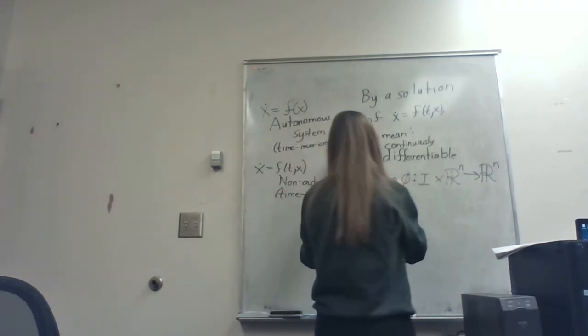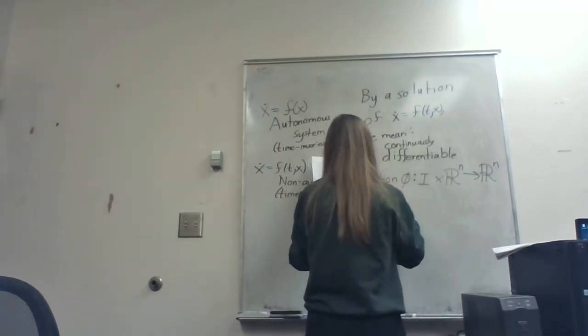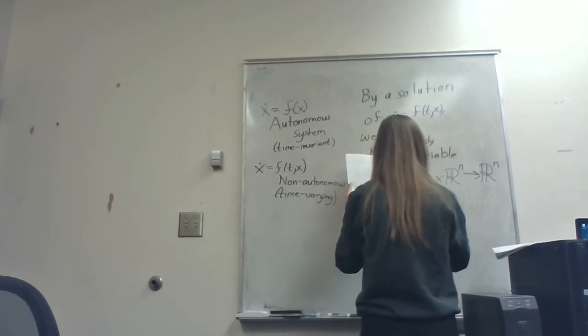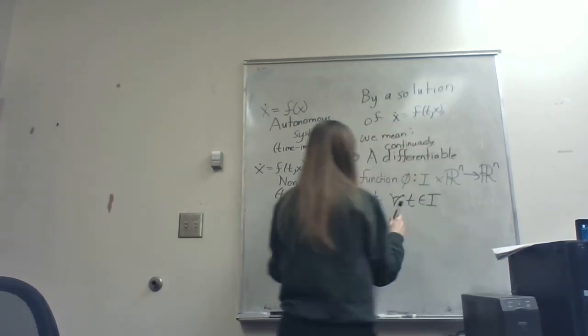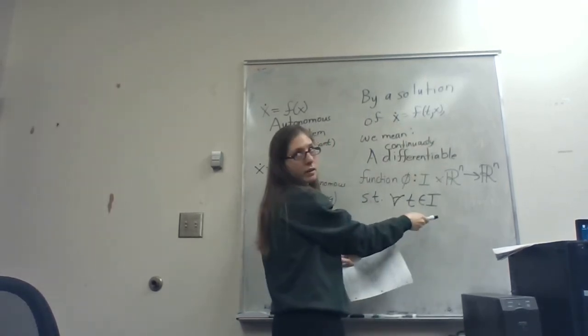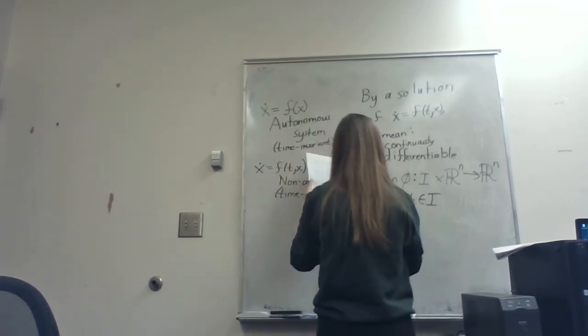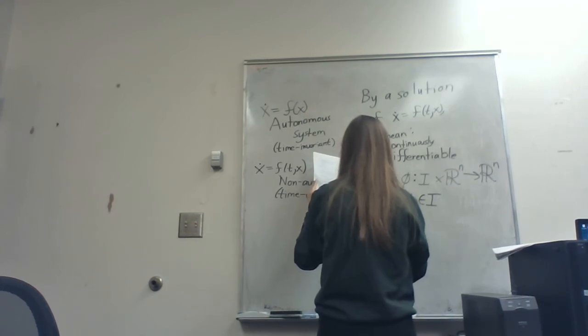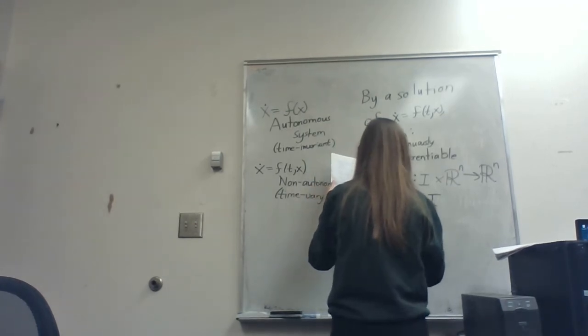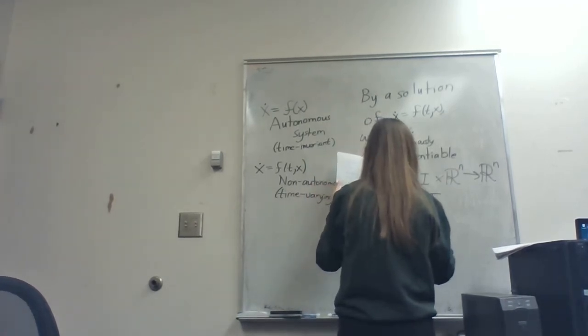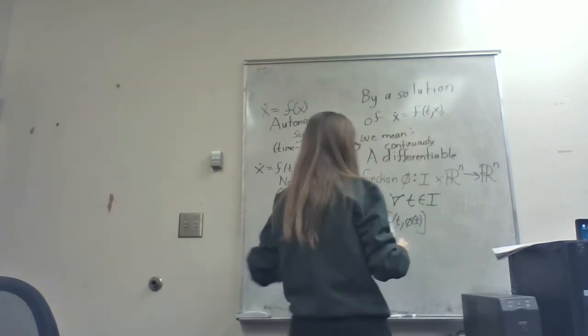And then such that for all t in this interval I, d phi over dt is equal to f of t comma phi of t. Oh, sorry, I did this wrong.